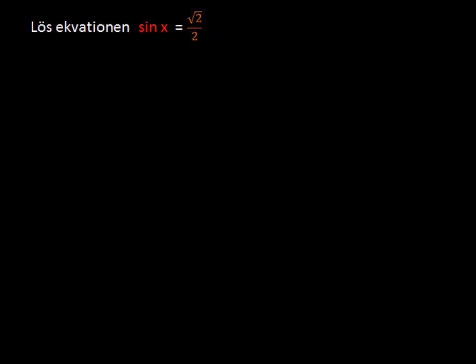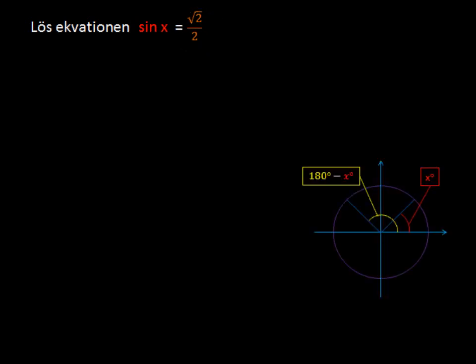And here we have an exact solution. So when you see exact solutions to begin with, think, okay, I can go to the graph of the unit circle and try to get some help there. But let's look at the idea first.